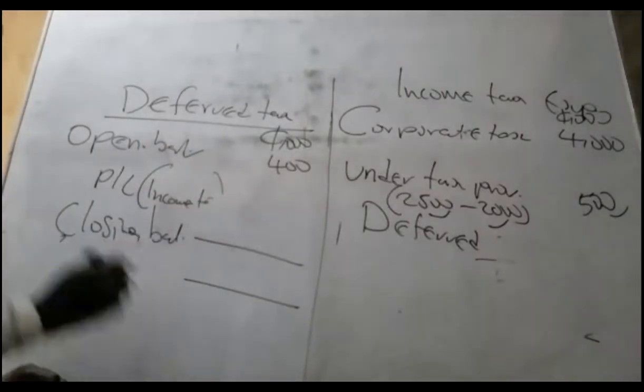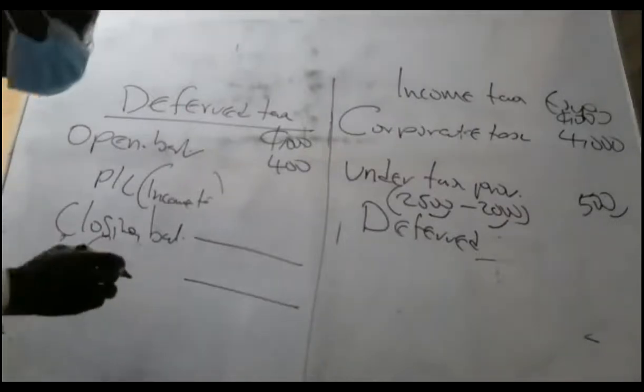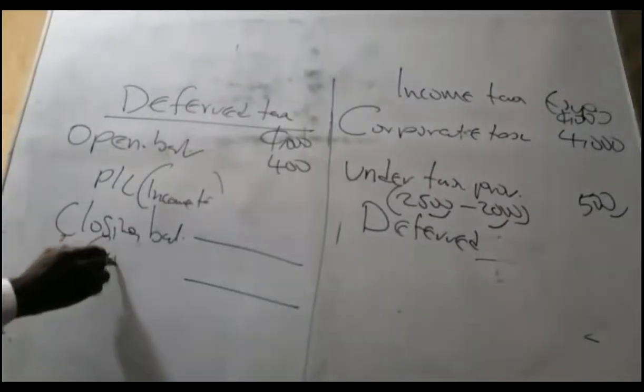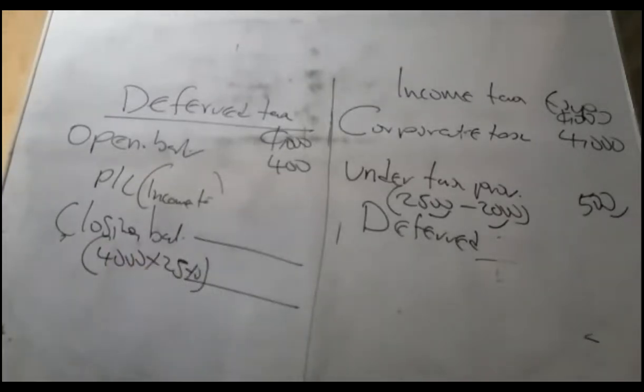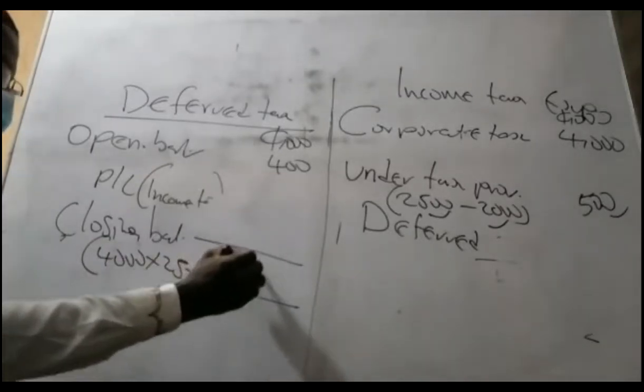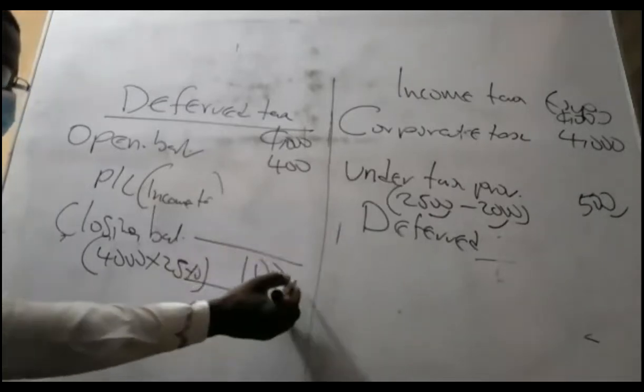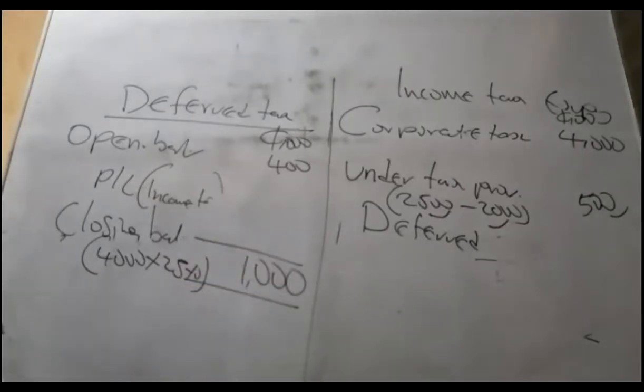And then the temporary difference is what? 4 million. So that would be 4,000, right? Times 25%, agreed. And that will give us 1,000. So if I put 1,000 here, then I'll relax and come back again.